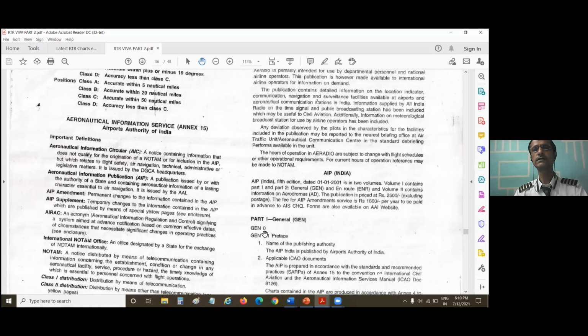What about the other flight crew, cabin crew? They are not airmen. What about the engineers? They are not airmen. So all persons who work on aircraft are airmen. Yes, sir.